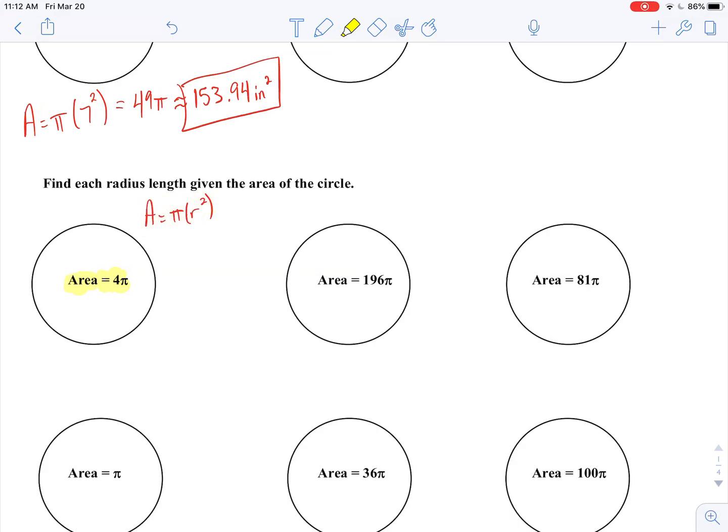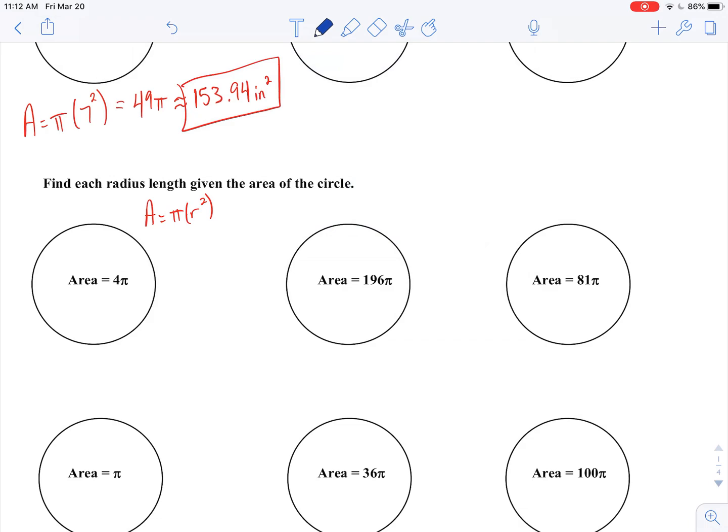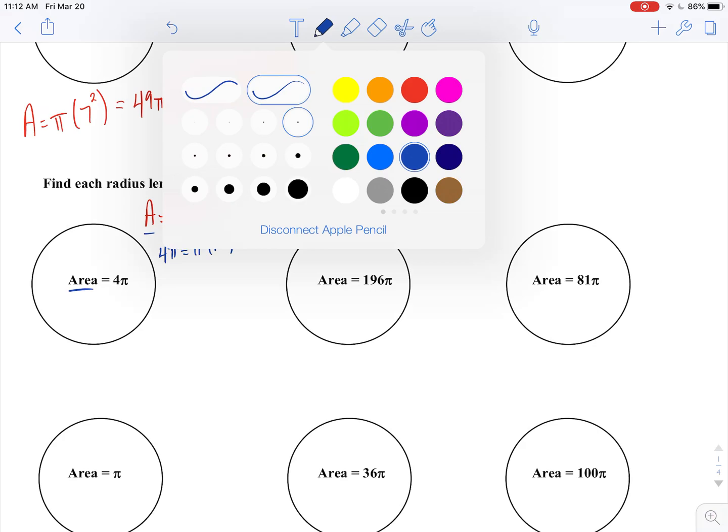Where do I put the area value in this equation? Well, let's put the area where area goes. So 4 pi equals pi times r squared.